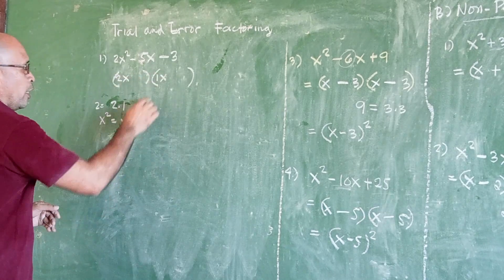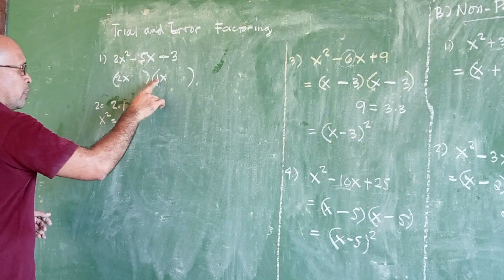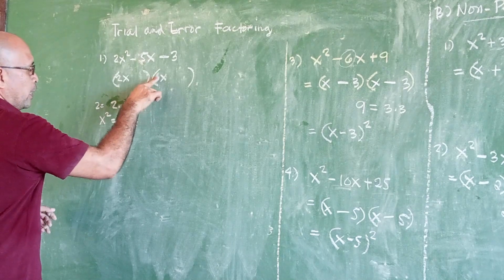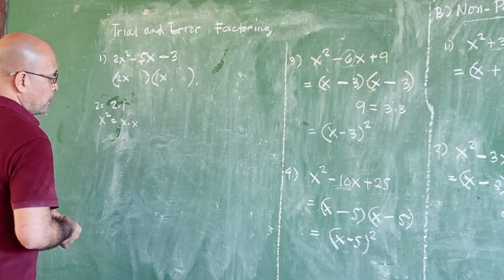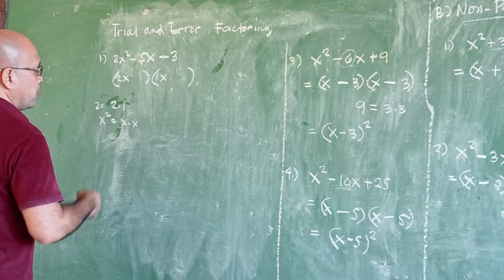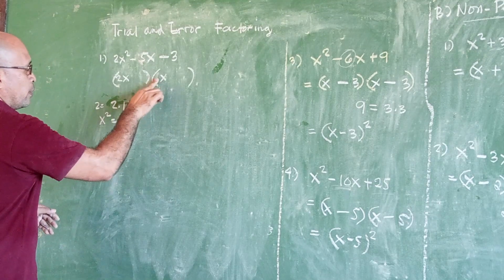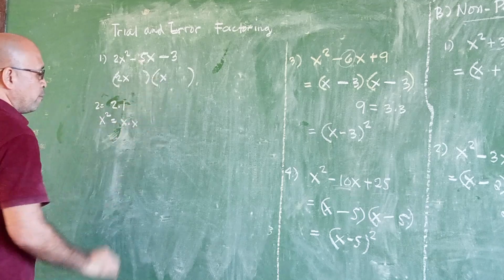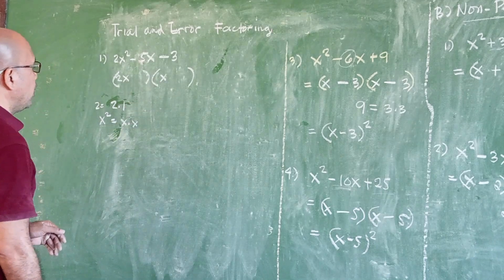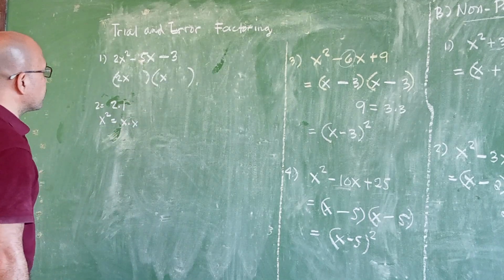And again, class, if the numerical coefficient of a variable is positive 1, automatically it should be removed or erased, because it is always understood that it is there even if it is not written.